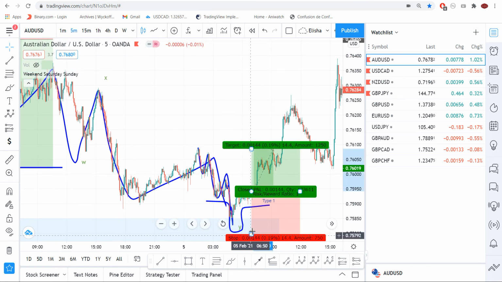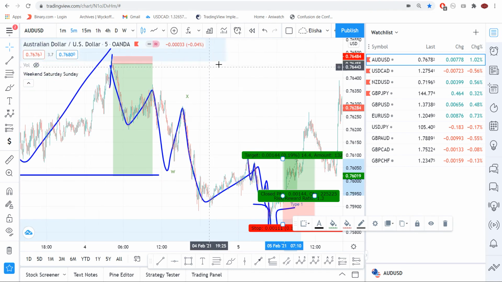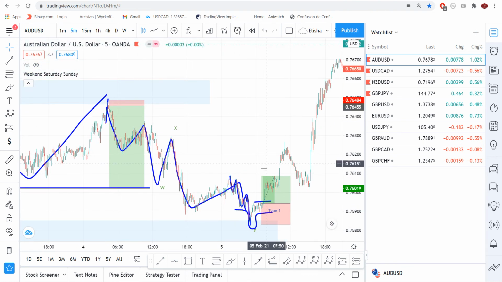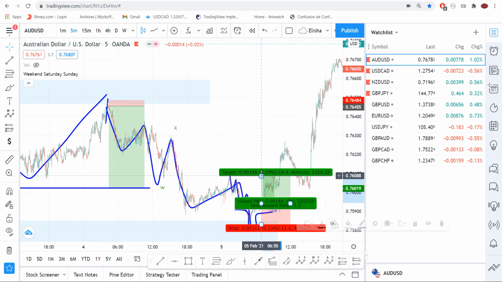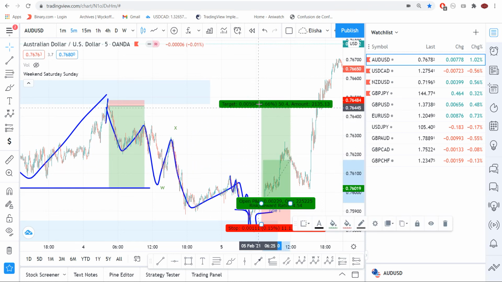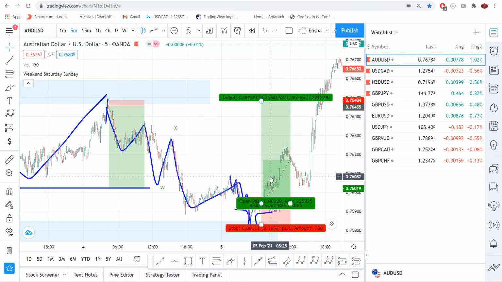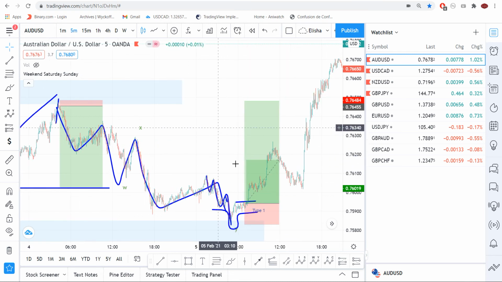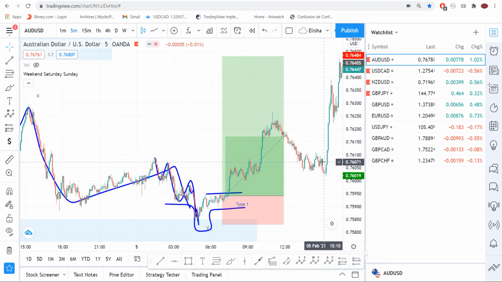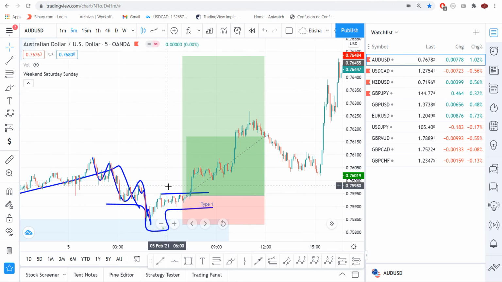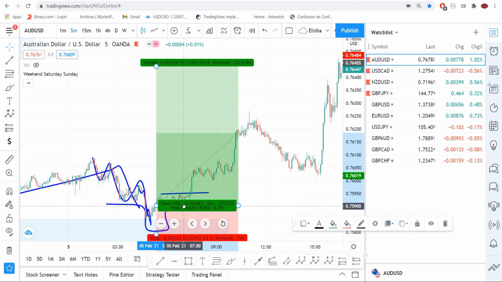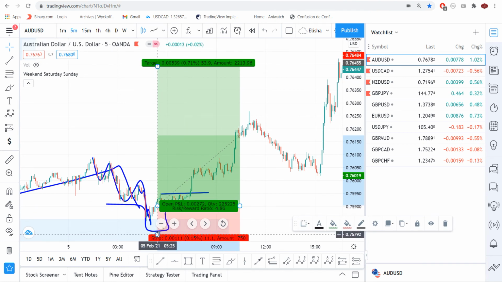So we expect it to break structure based on Elliott Wave concept. So what you would do here, it's either you entered here with the stop there or there with the stop there. So let's just move it there.